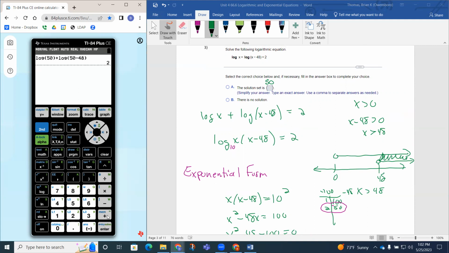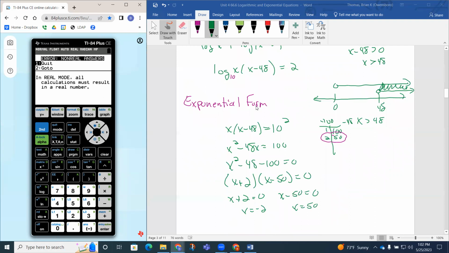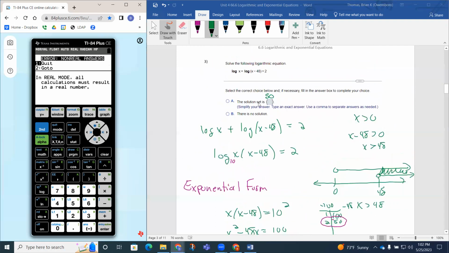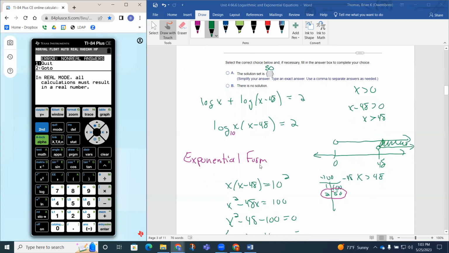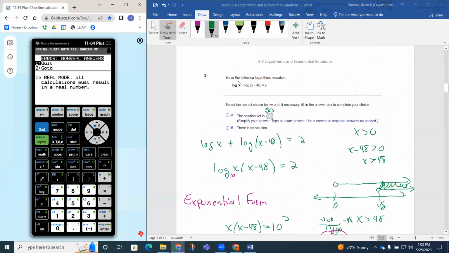Now, if you try that negative 2, notice that the log of negative 2, that already is going to crash. That's going to give me an error, so it's not going to work out. So that negative 2 is going to get rejected. So the only solution to the original equation is the 50. Now, the negative 2 satisfies this equation, but you got to remember that this is not the original equation. This was the original equation.